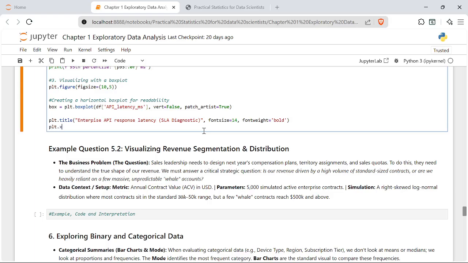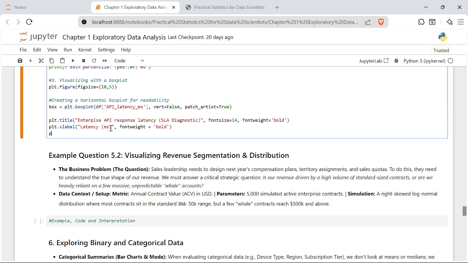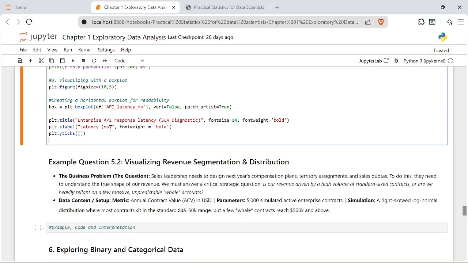plt.xlabel, Latency in Milliseconds, fontweight equals bold. plt.yticks.